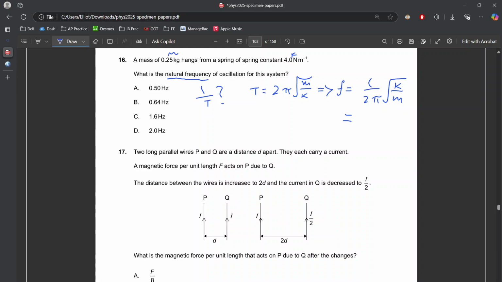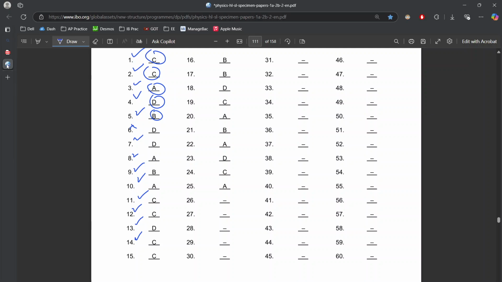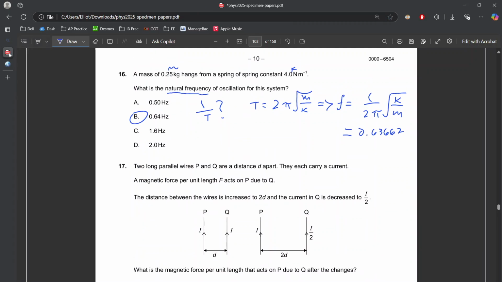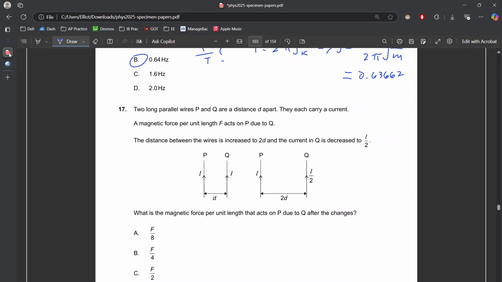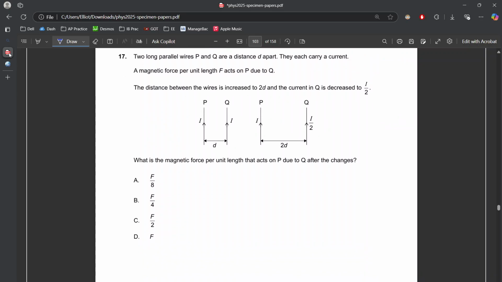I got 0.63662, which is pretty much B. The answer is C. I got it wrong. Do I know why? Not really. Okay, I will check that one out on my own time. See, this is what this is for.